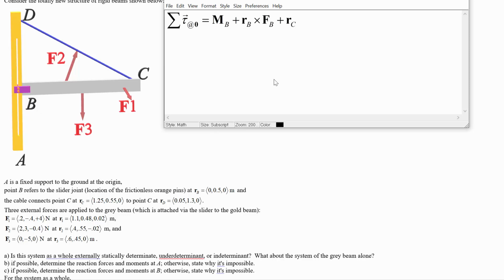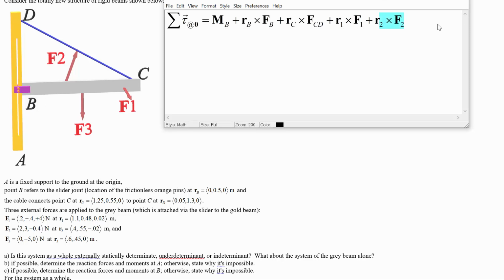So that would be RC, the distance that we are away from the origin, crossed with that force, plus F1 crossed with its moment arm, plus F2 crossed with its moment arm. And I should really be saying these backwards. The moment arm for F2 crossed with F2.